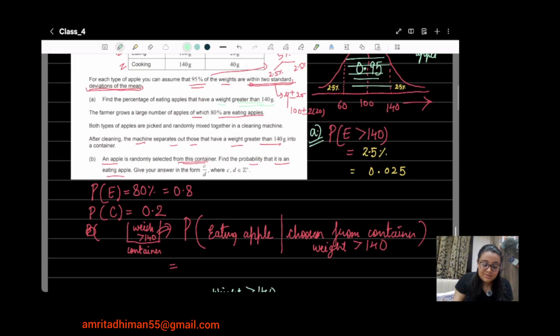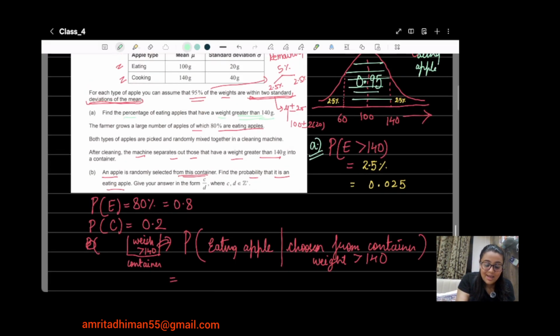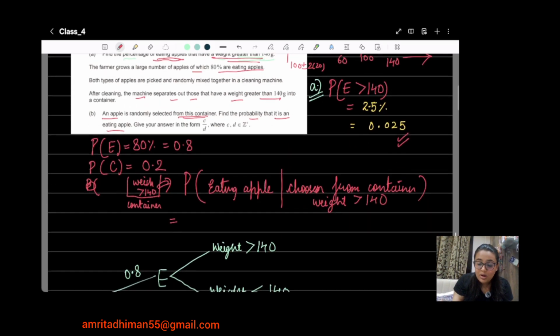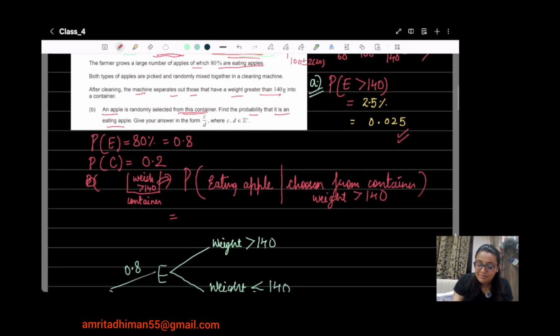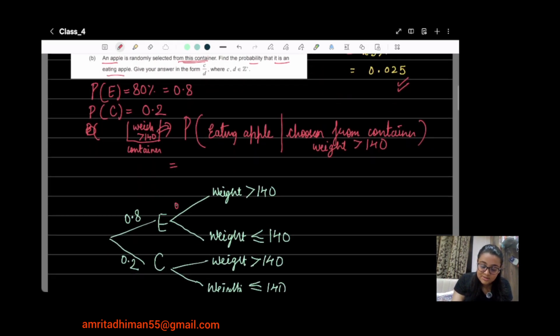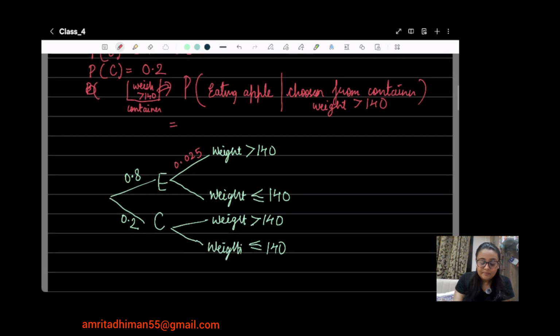So if you notice, in the A part, we have already calculated that the probability of eating apple that have weight greater than 140 is nothing but 0.025. So in the eating apple, we have probability for the greater than, it is 0.025, right? So now in this case, we need to calculate for this cooking apple.